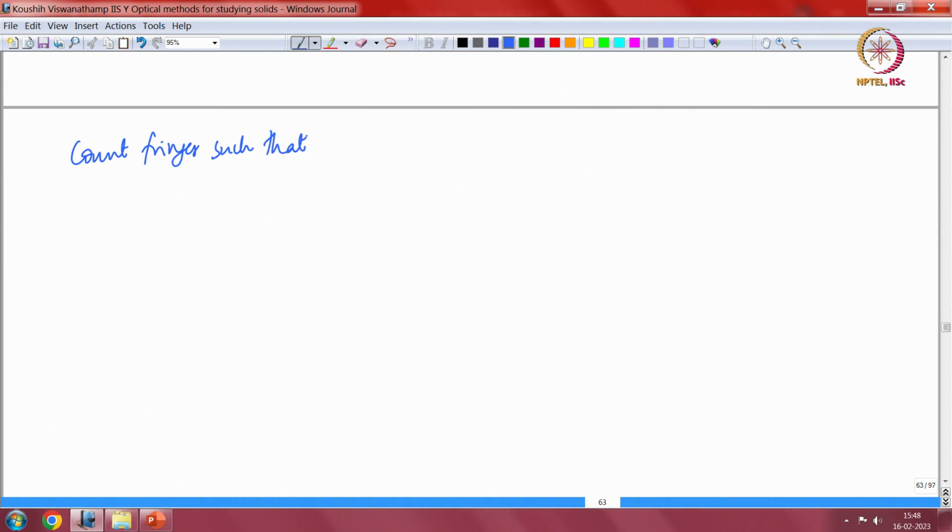To do fringe counting, you start from a location where sigma 1 minus sigma 2 is very small. You need to know this a priori, okay. And this gets assigned n equal to 0, or n equal to 1 depending on where it is.